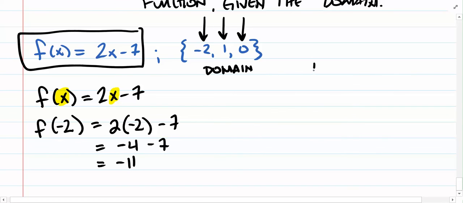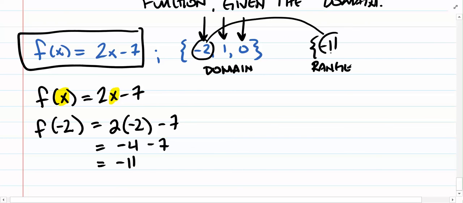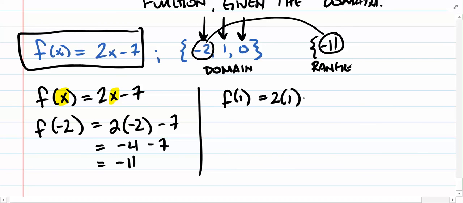So for my range, I would have the first point of -11, and -2 would be mapped to -11. So what would f of 1 be? f of 1 would have to be 2 times 1 minus 7, which is just 2 minus 7, which is just -5. So the next element in my range would be -5.